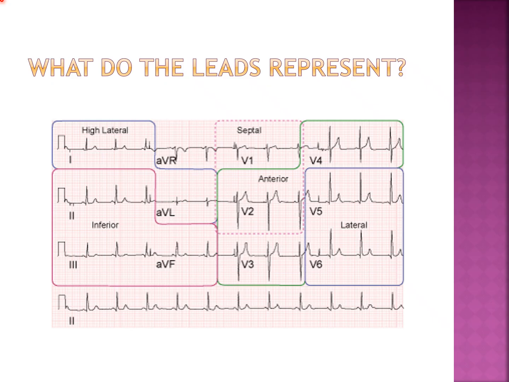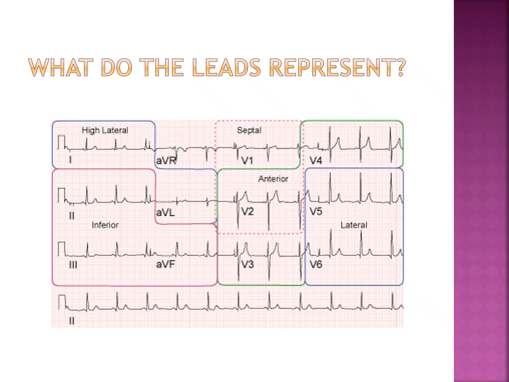So those should all look very similar, and if you look at this, they all look very similar. The other thing is, look at this shape right here. I like to think of this as a boot. It kind of looks like a boot shape, doesn't it? And what we say in the ER is when we have ST elevation in the boot, we need to boot them out of the ER to the cath lab or to the ICU.